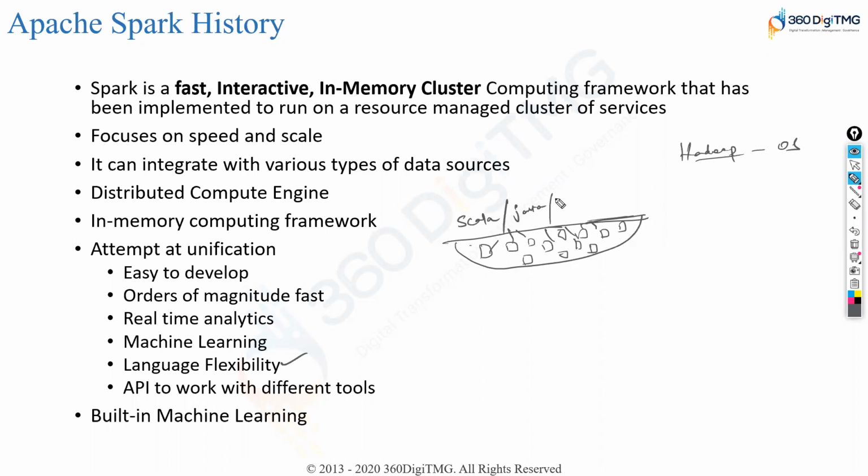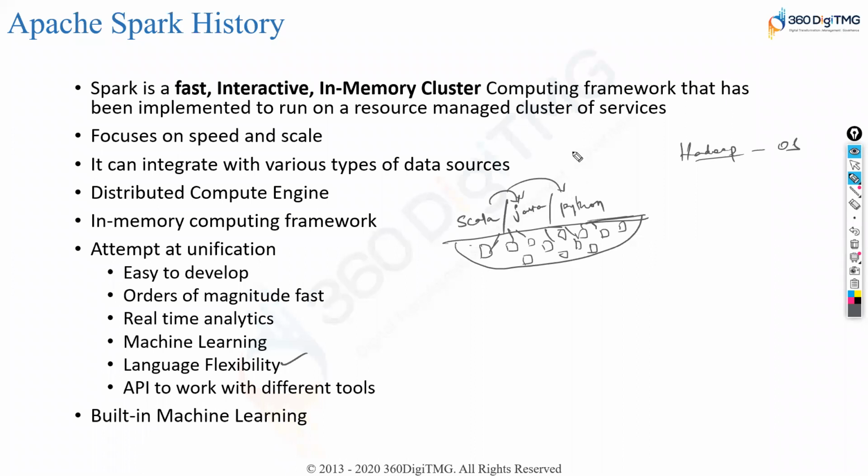And Scala is like a bridge between object-oriented and functional-oriented, very similar to Python. So Scala is similar to Java and similar to Python. Because of these similarities, though Spark was initially developed in Scala, Spark could easily understand Java and Python as well, right?